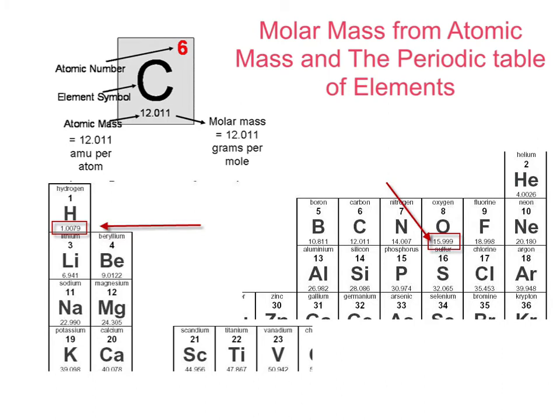I've circled it here. Now, if we convert that to grams, then that number of grams right here will equal 1 mole, which then will also equal 6.02 times 10 to the 23rd particles.